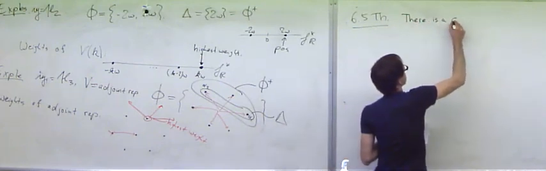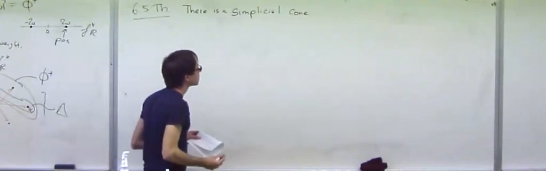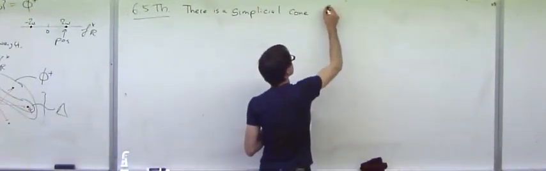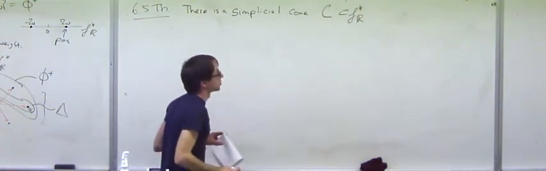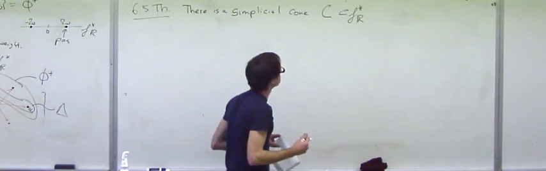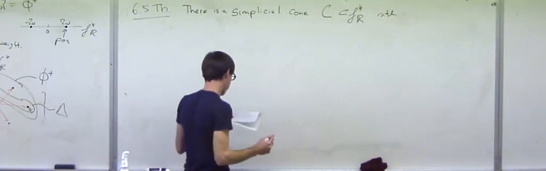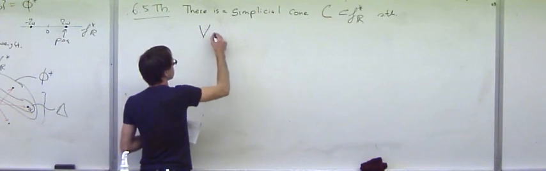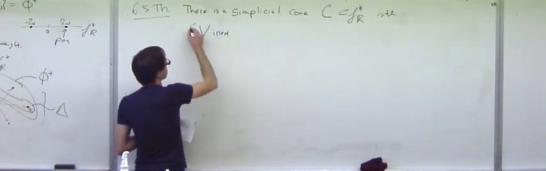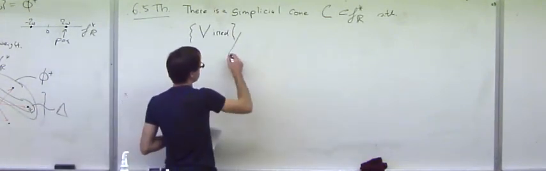There is a simplicial cone, say C, in H star R. So this is this Euclidean space in which the root system lives, such that I consider the irreducible G modules up to isomorphism.